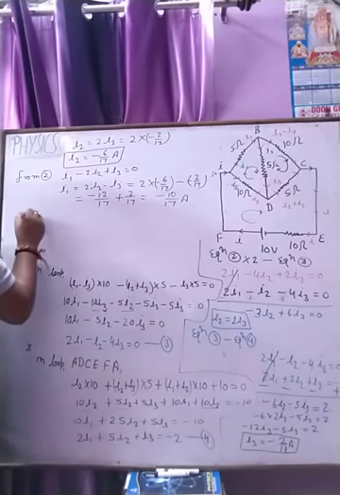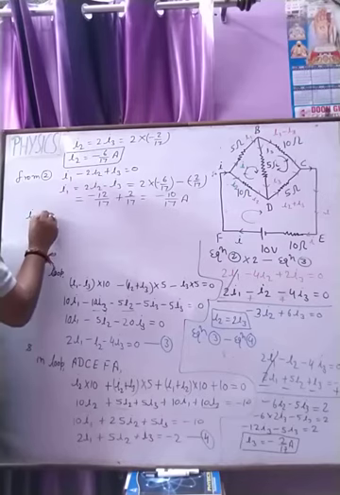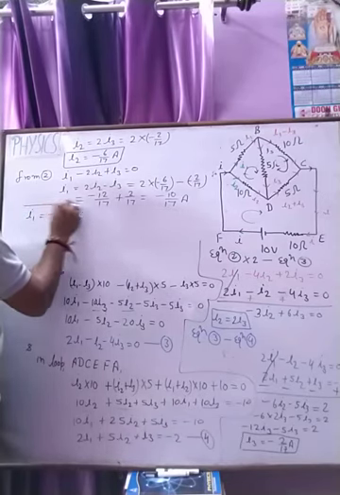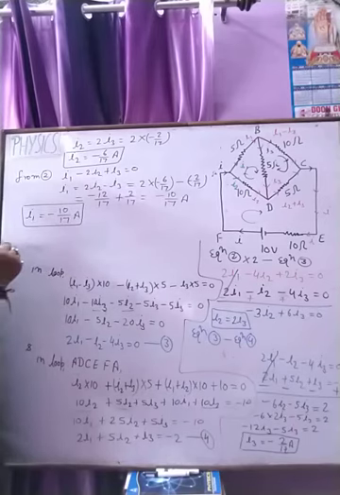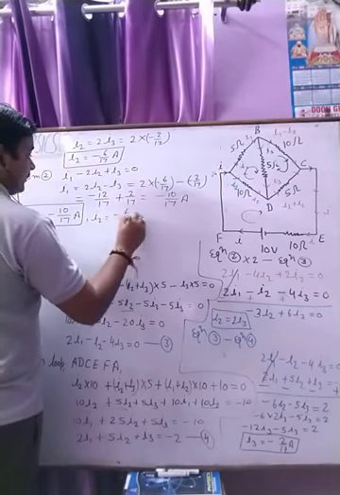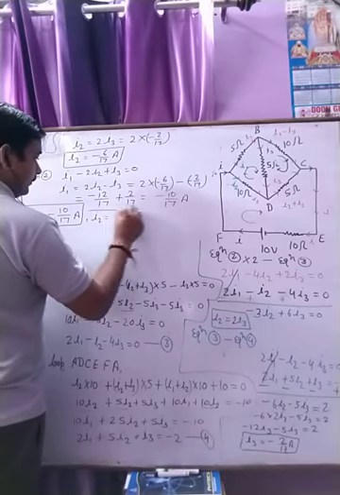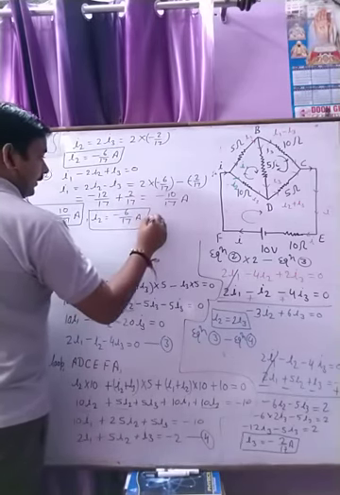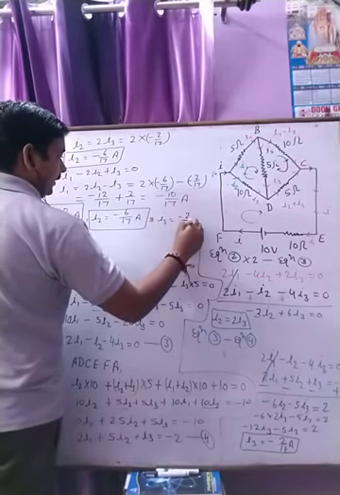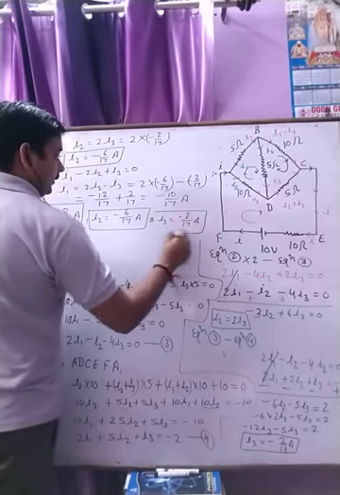Therefore I1 equal to minus 10 by 17 ampere, I2 equal to minus 6 by 17 ampere, and I3 minus 2 by 17 ampere.